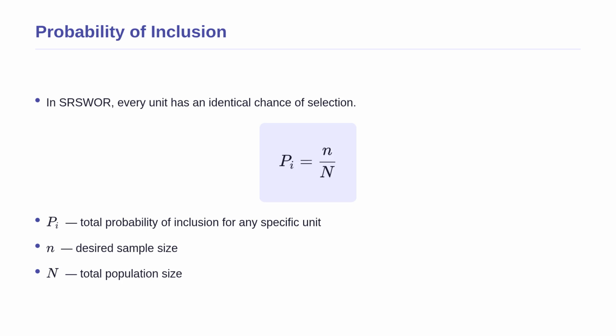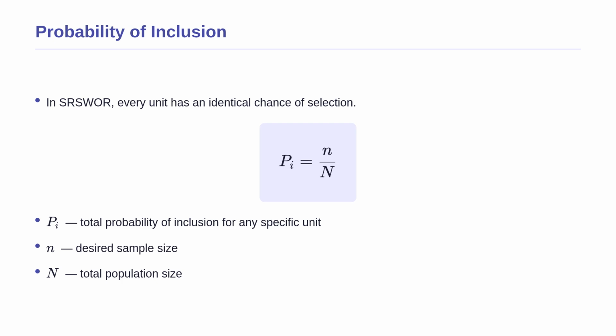This brings us to the mathematical heart of fairness. In simple random sampling without replacement, what is the exact chance that any specific person makes it into the final sample? The formula is beautifully simple. Pi equals n divided by N. Here, Pi represents the total probability of inclusion for any specific unit.